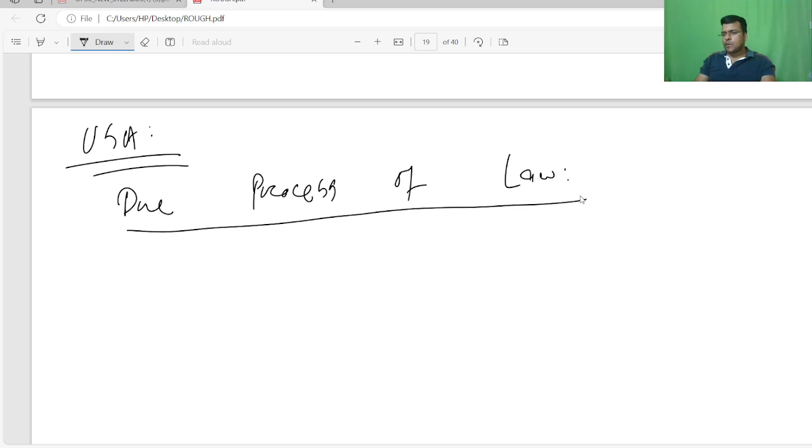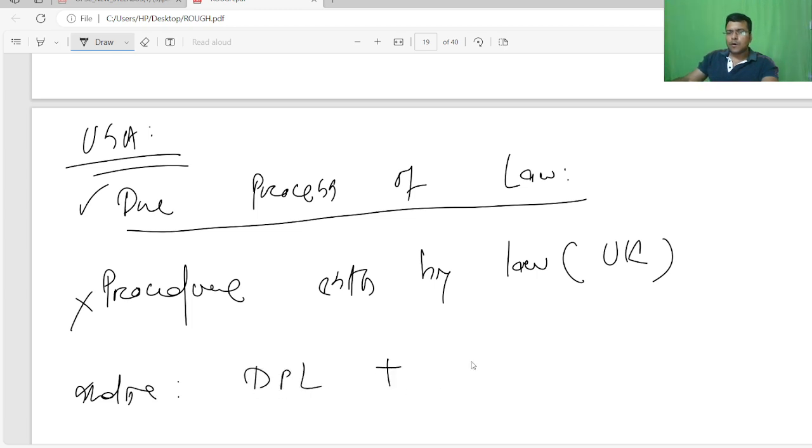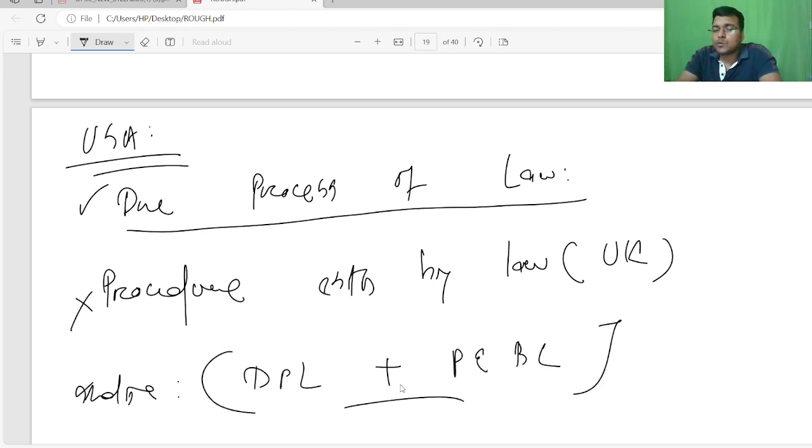USA has due process of law, and not procedure established by law like the UK. And in India, we have both due process of law and procedure established by law. So the Indian Constitution has arrived at a middle course between the concept of due process of law and procedure established by law.